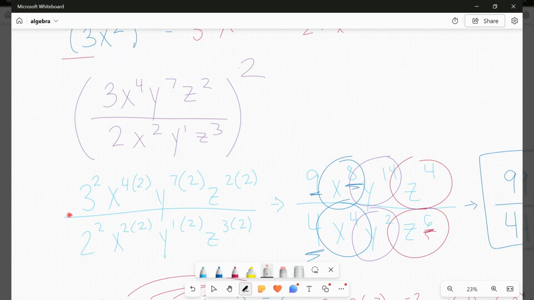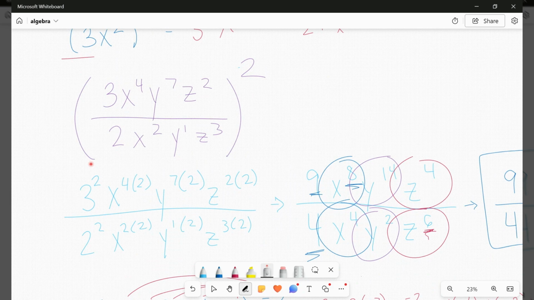So 3 squared, x to the 4 times 2, y to the 7 times 2, z to the 2 times 2, over 2 squared, x to the 2 times 2, y to the 1 times 2, z to the 3 times 2. Please pause if you need to catch up and jot this down, or you want to do it on your own.